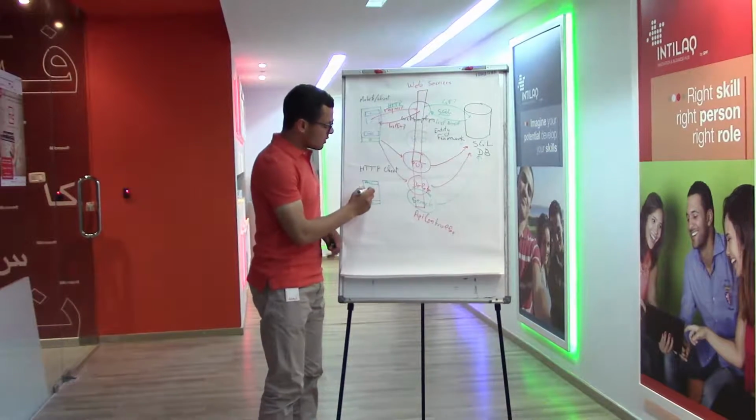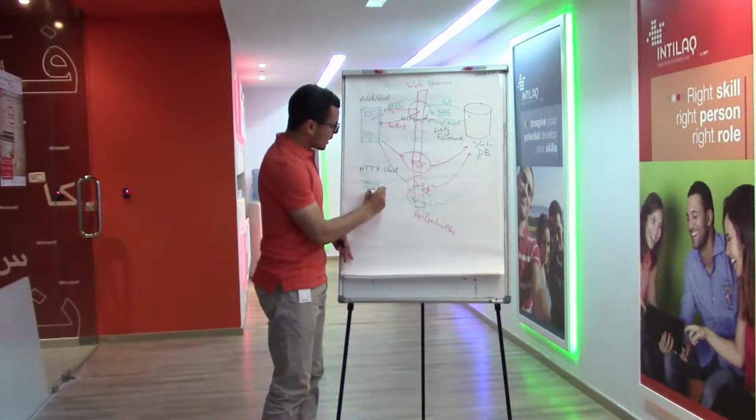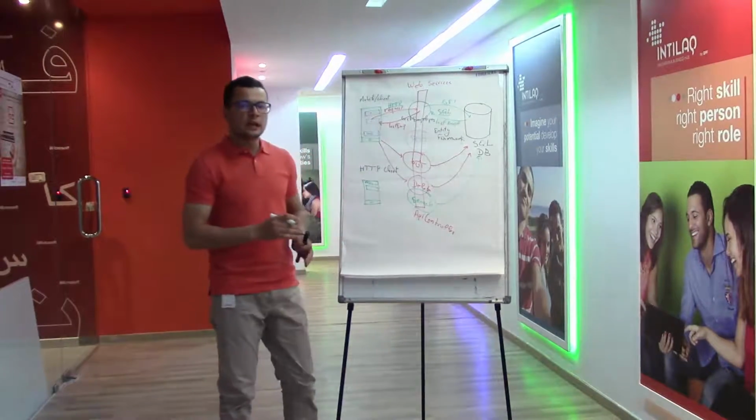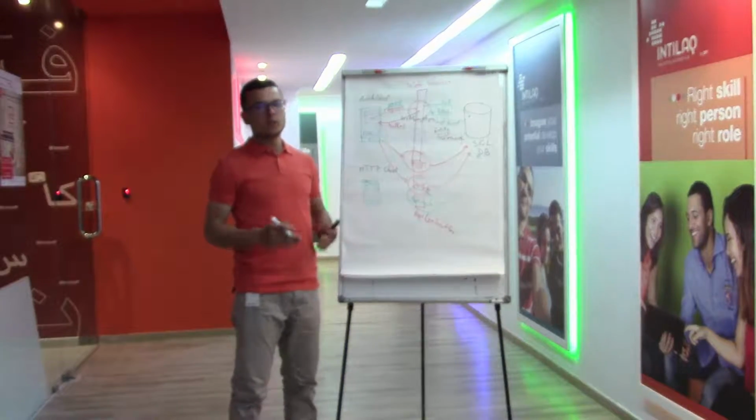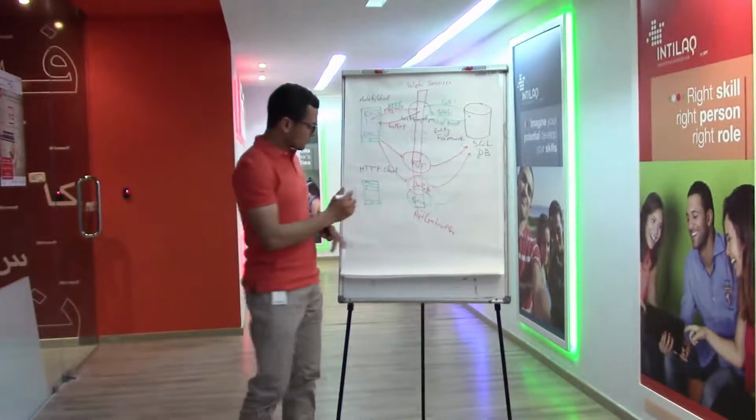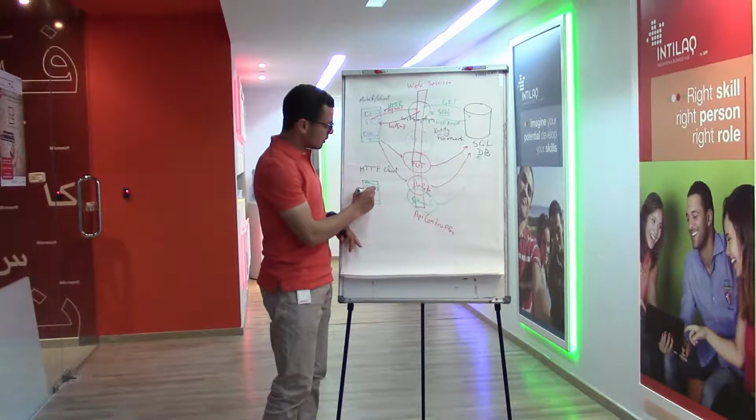So here the user will have an entry in which he will enter the keyword he's looking for. So let's say, for example, the name of the employee. Then he will have a button for searching.